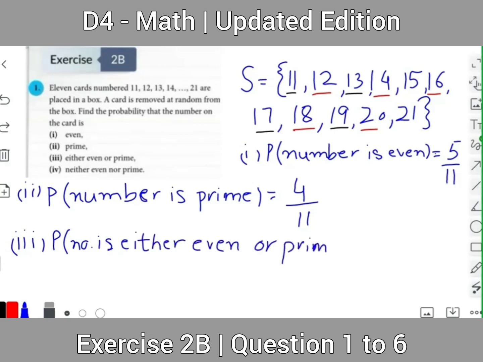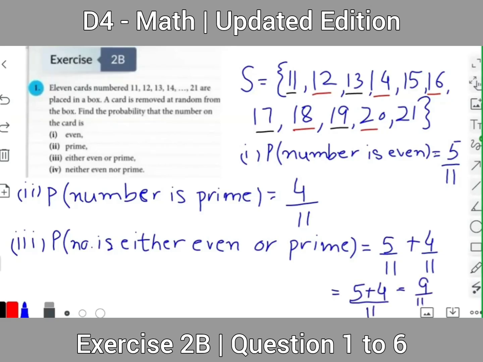So here we will apply the addition law of probability. So we will add up the probabilities of parts 1 and 2, and those are 5 over 11 plus 4 over 11 respectively, and after adding up we will get 5 plus 4 over 11, which gives us 9 over 11. So the probability that the number is either even or prime is equal to 9 over 11.